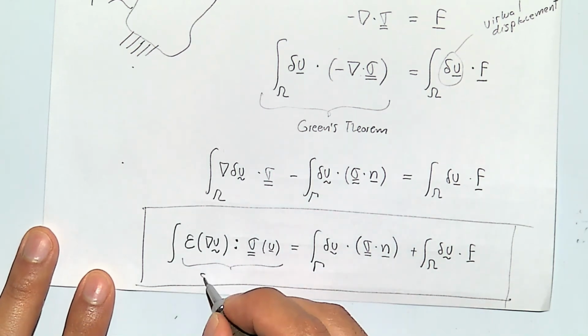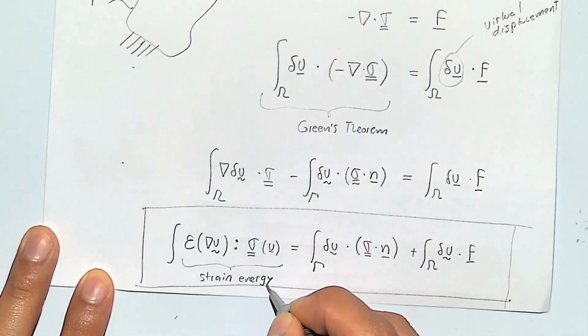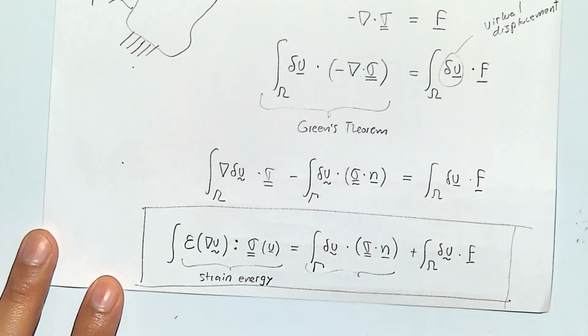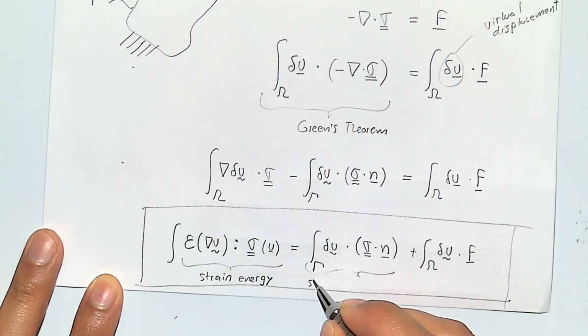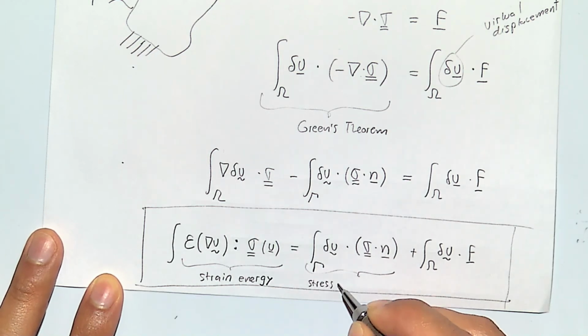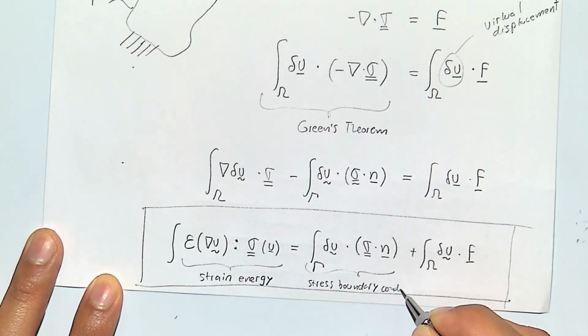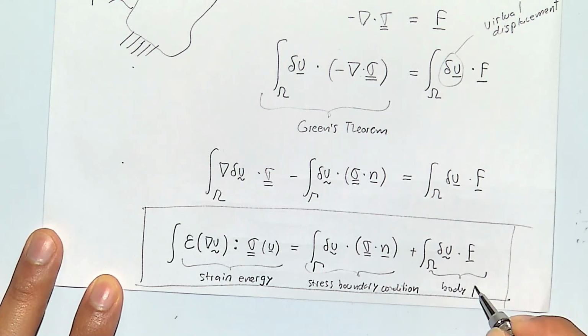And we're going to see that this is strain energy. The first term to the right of the equal sign is stress boundary condition. And this is just the body force.